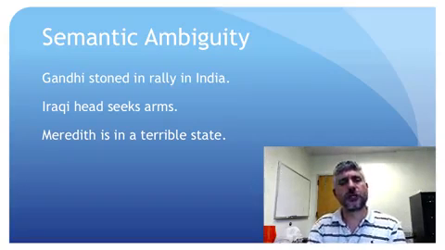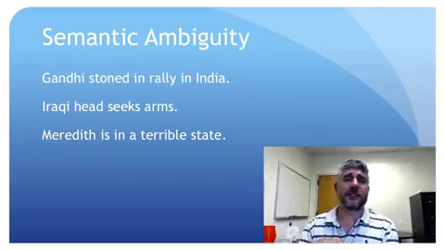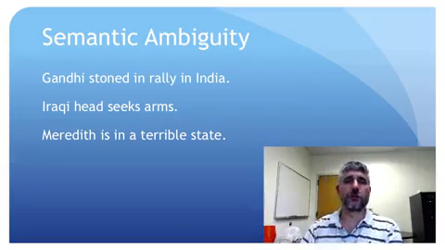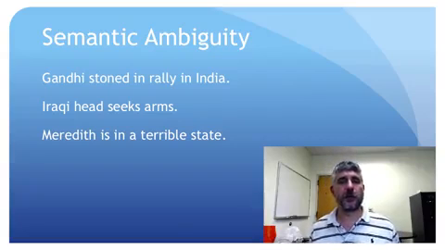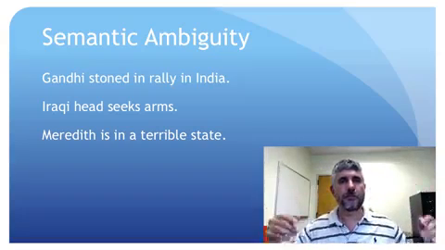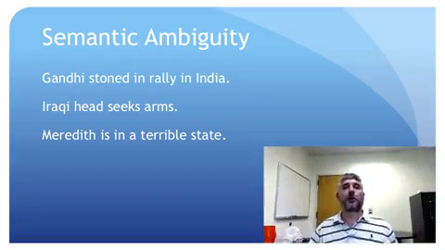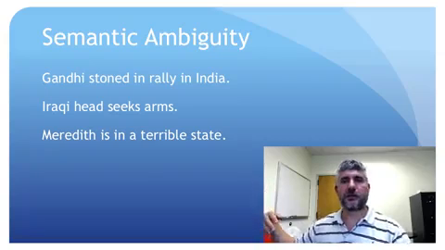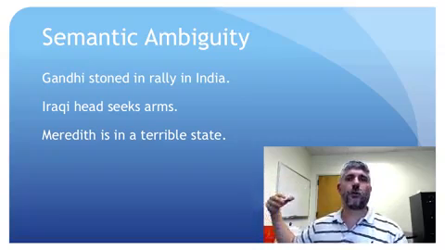Consider the sentence, "Iraqi head seeks arms." That sentence actually has two words that are ambiguous. There's the word head and there's the word arms. Head could be interpreted to mean a part of the body, or it could be understood to mean the head of some organization, such as the Iraqi president, the head of state, or the head of their defense department.